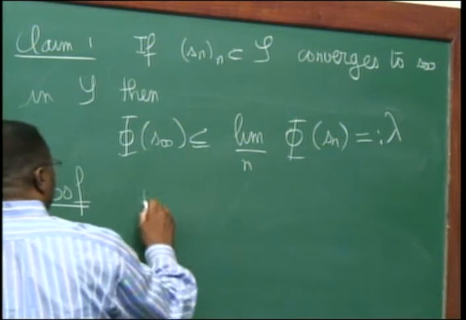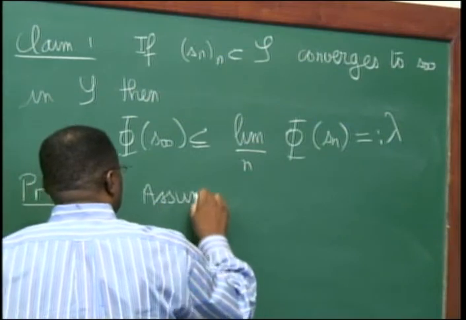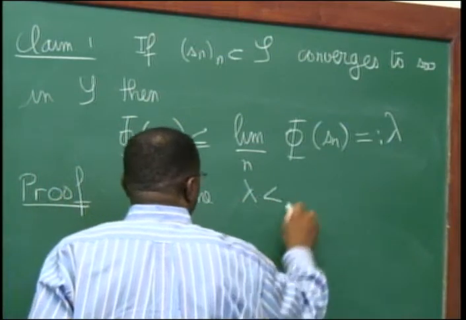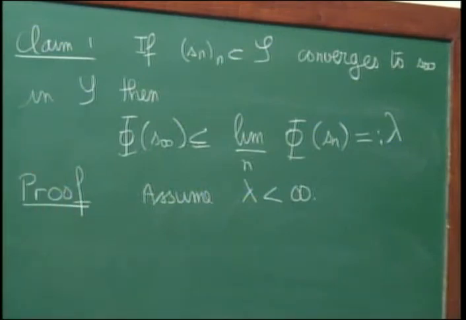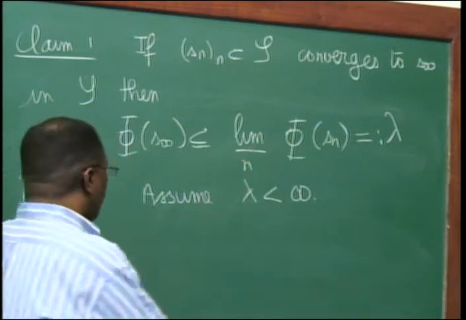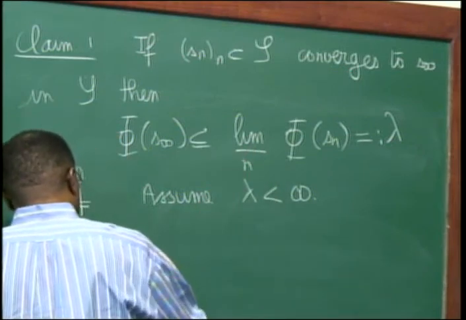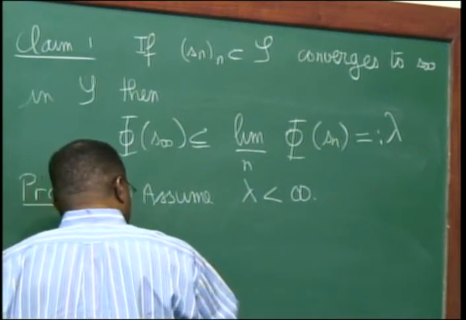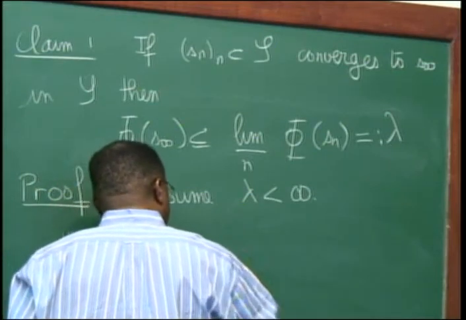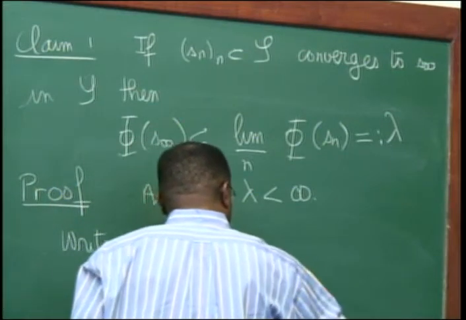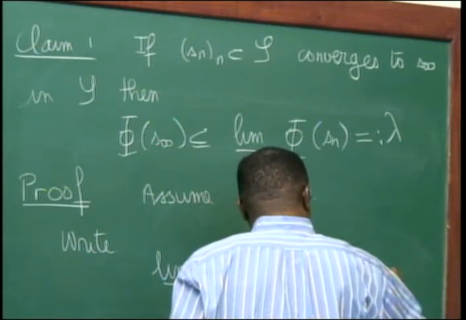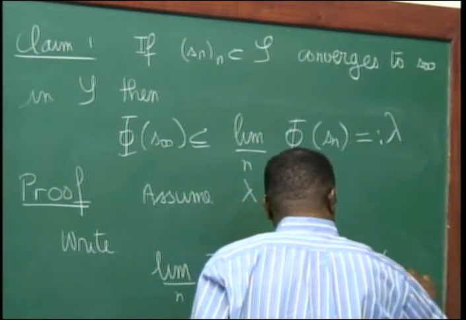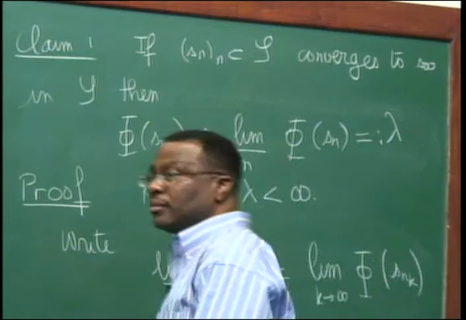Assume lambda is less than plus infinity. So I can take a sequence such that the liminf of phi of S_n is the limit of a subsequence phi of S_n.